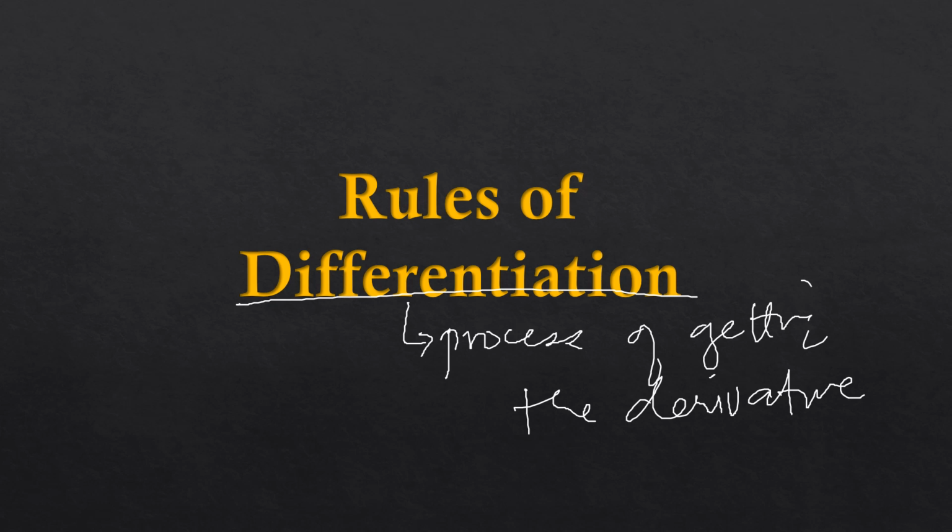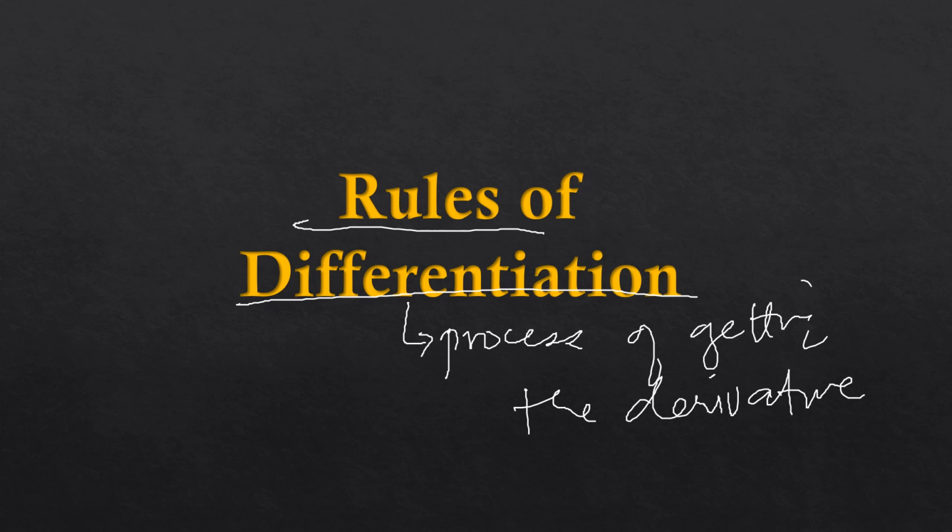Now when we say basic rules, these are the rules that must be followed whenever you have to differentiate different functions. So ito yung mga unang-unang dapat isipin ninyo kapag nagdi-differentiate kayo ng iba't ibang uri ng functions.